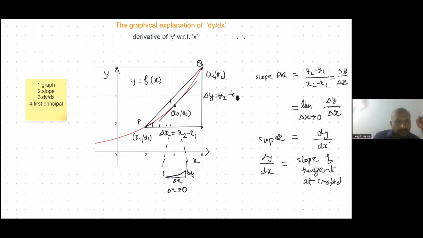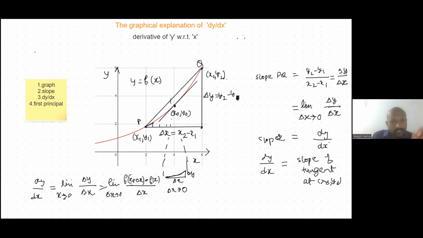And this dy by dx is basically equal to the limit as delta x tends to 0 of del y by del x, which is the limit as delta x tends to 0 of [f(x plus delta x) minus f(x)] over delta x. Here f(x plus delta x) is the function value after a small increase delta x, and f(x) is the function value at x.